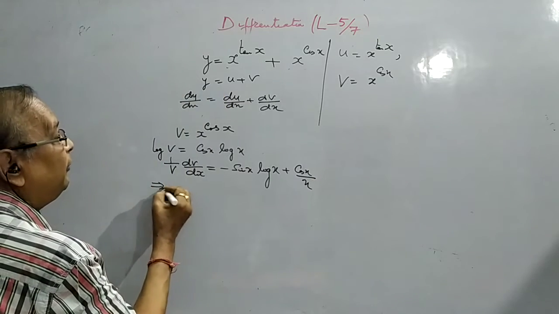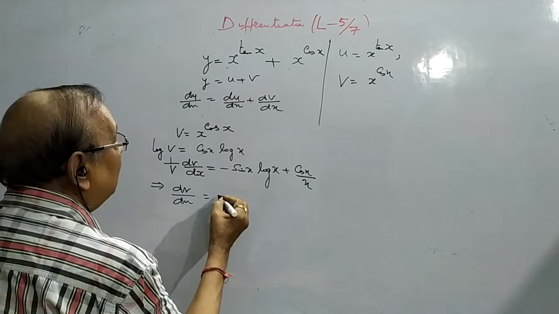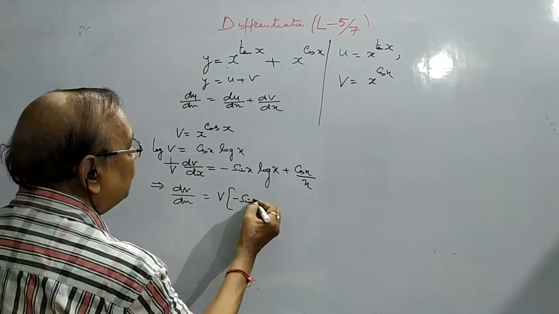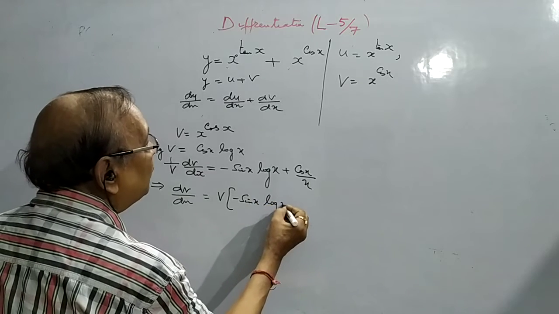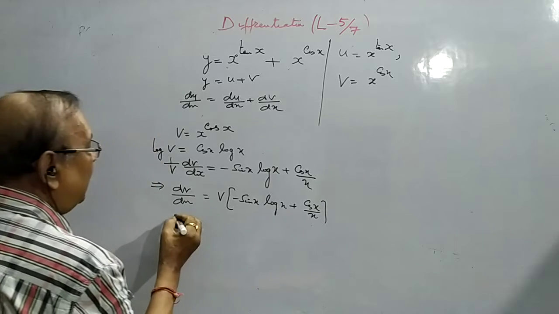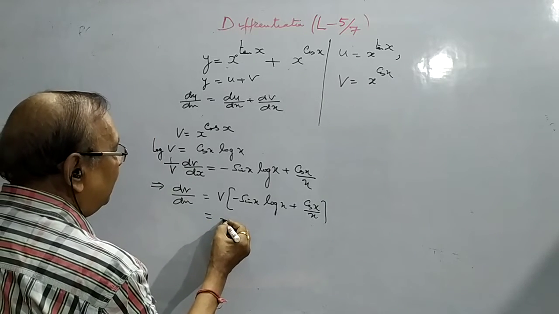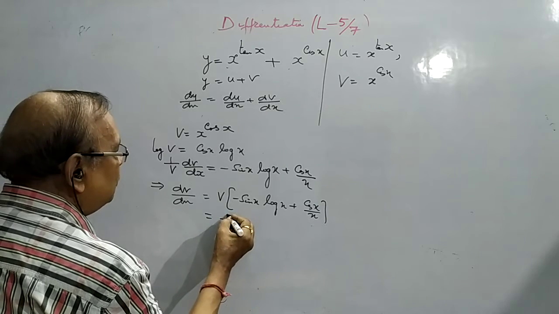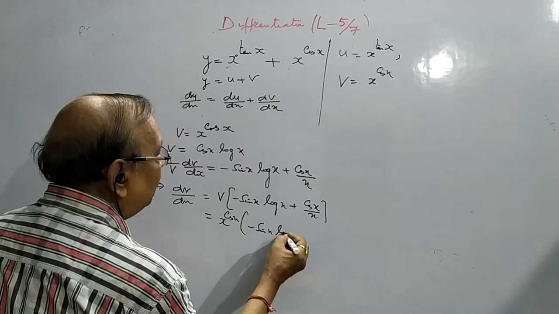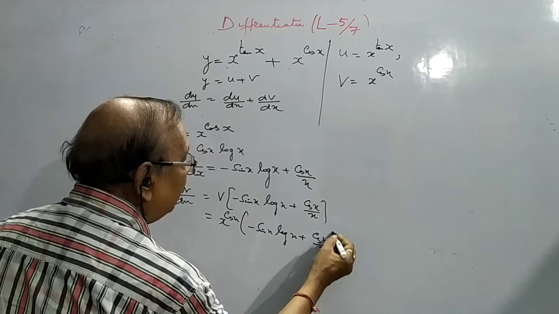So what we get? dv by dx is equal to v times minus sin x log x plus cos x upon x. That is, putting the value of v, x raised to the power cos x times minus sin x log x plus cos x upon x.